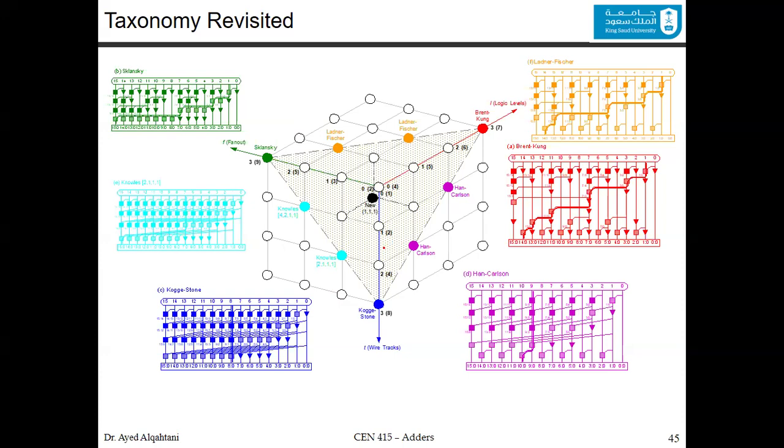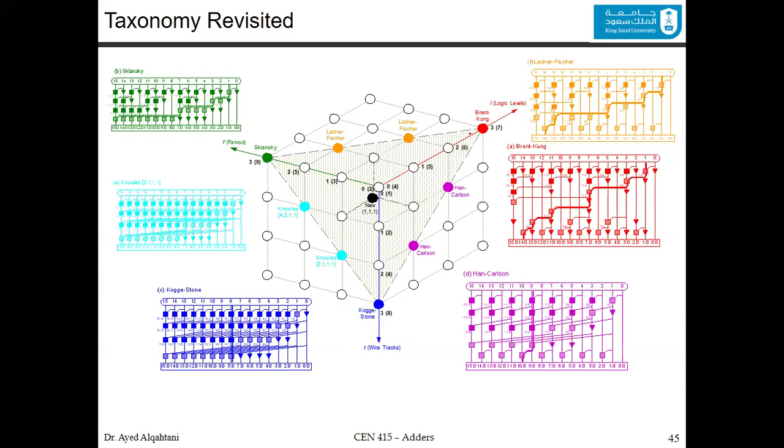What you would really love is a new adder somewhere here in the middle, inside the triangle. Then this is amazing, because it excels in all three ends: the logic levels, the fan out, and the wire tracks. The wire tracks here would be much less than the Kogge Stone.